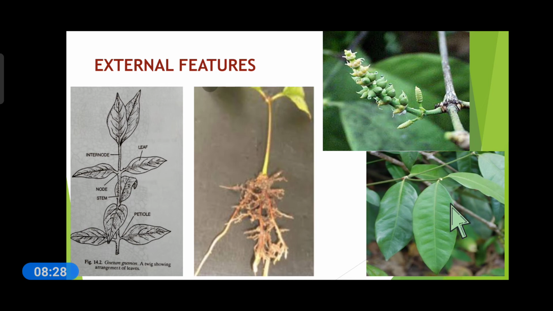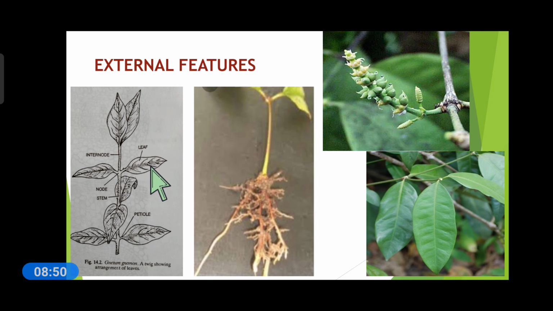Now, talking about the foliage leaves, as you can see here, they have no stipules. If you remember, stipules are those leaf-like appendages to a leaf.